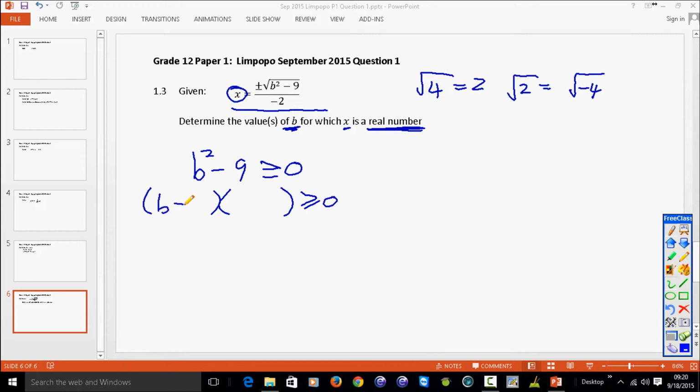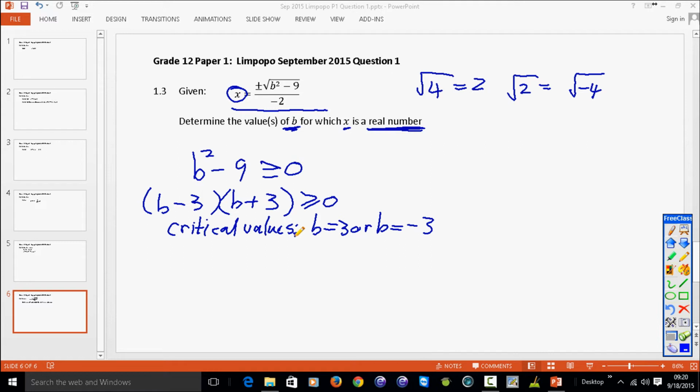So it's (b minus 3)(b plus 3). Now the critical values, the values that will make this 0, are b equal to 3 or b equal to negative 3.